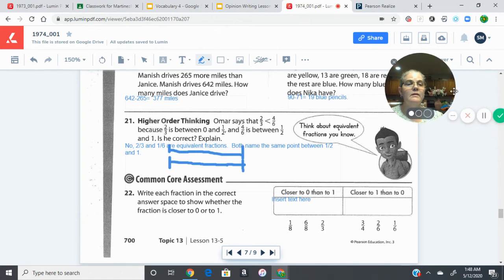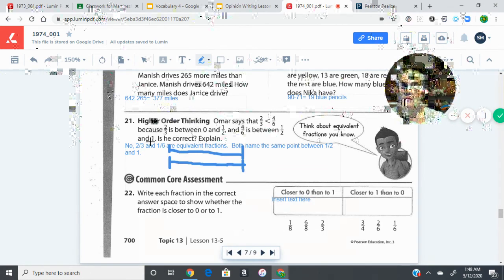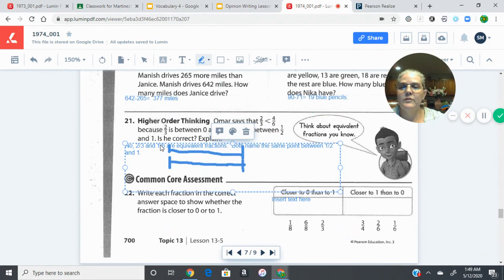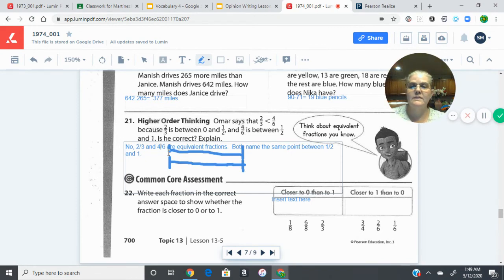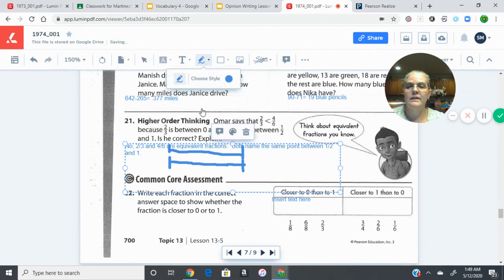Let's see. Okay, whoops, I see a typo in here. Shouldn't be 1/6 because we are doing 4/6, it says. All right. So if we broke this up, get my handy dandy thing here.